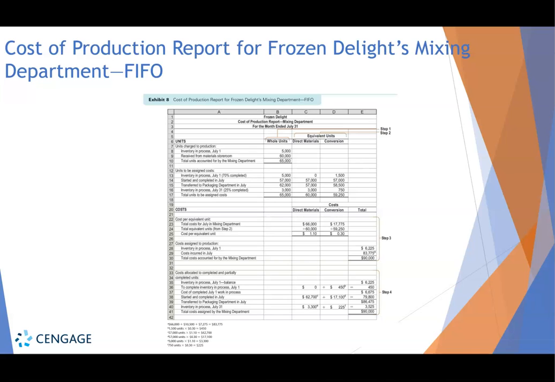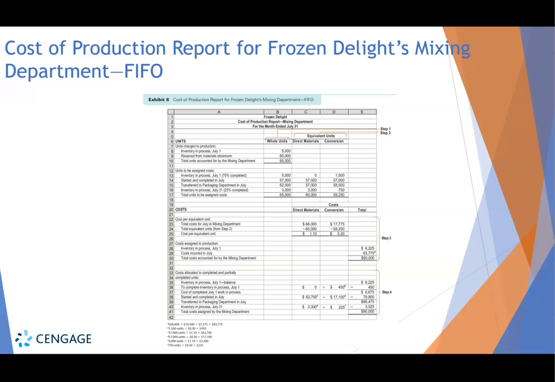During July, the mixing department was accountable for 65,000 gallons. Of these gallons, 62,000 of them were completed and transferred to the packaging department. But the remaining 3,000 gallons are partially completed and are part of the in-process inventory at the end of the month.